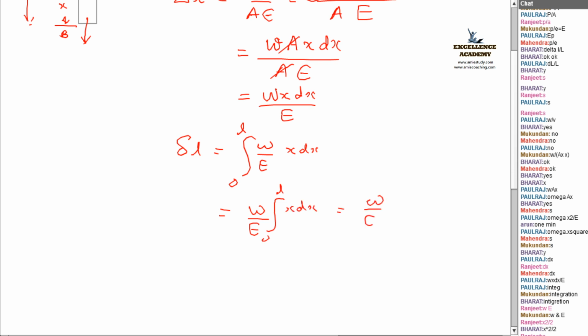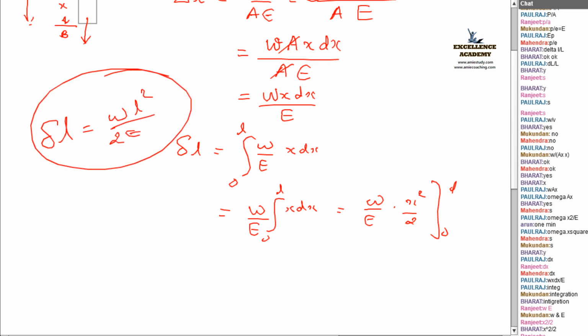Then I got w by E into x square by 2 from 0 to L. That means I got delta L as wL square by 2E.